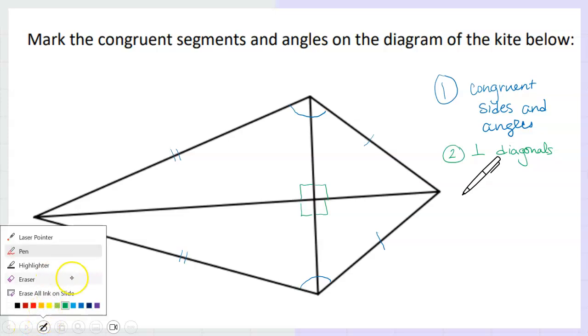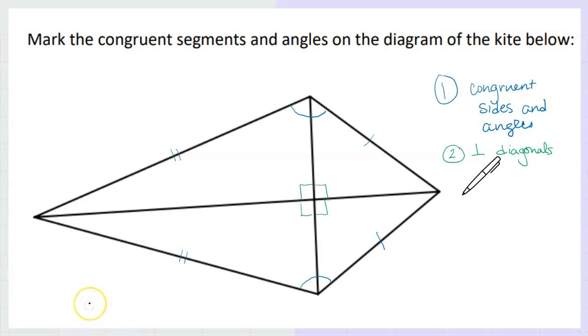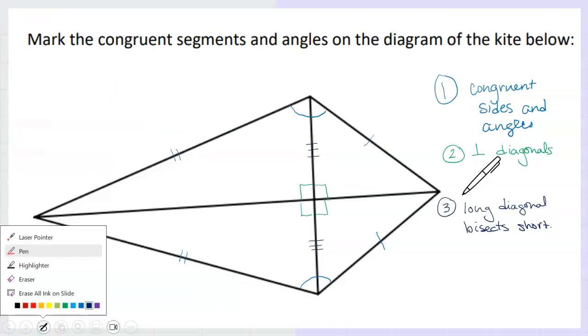Okay, something else we know is that our longer diagonal bisects our shorter diagonal. So we know that these two line segments are congruent. And there's one more thing we know.